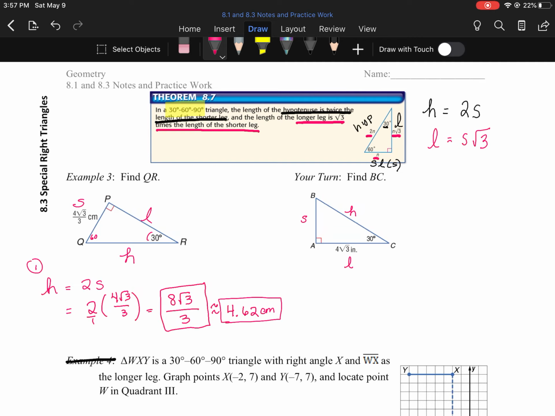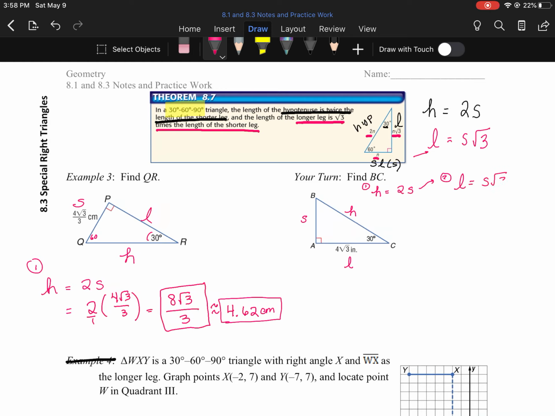So that's why we have to take several steps here. First step, let's take a look. We want the hypotenuse, so hypotenuse is going to be 2 times the short side. We don't know the short side, so we have to move over here. We'll do step 1, step 2. All right, so what do we know? We do know the long leg, so I'm going to use the formula for the long leg.